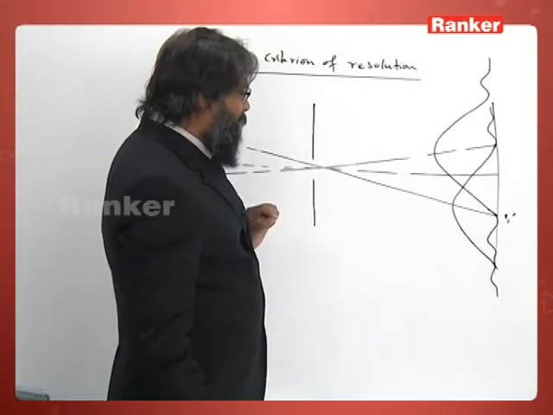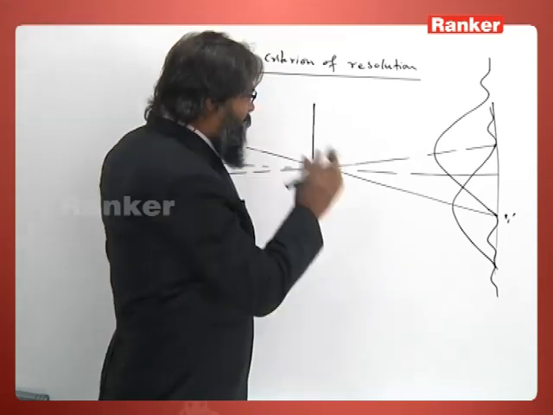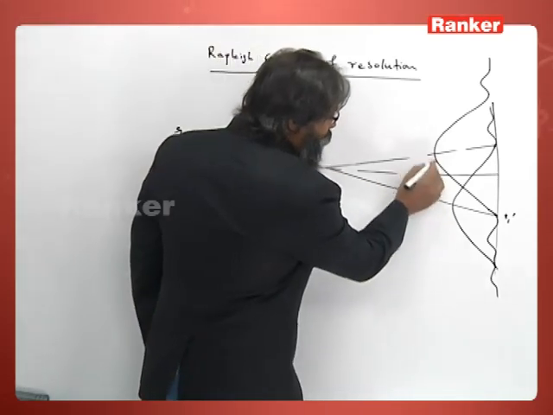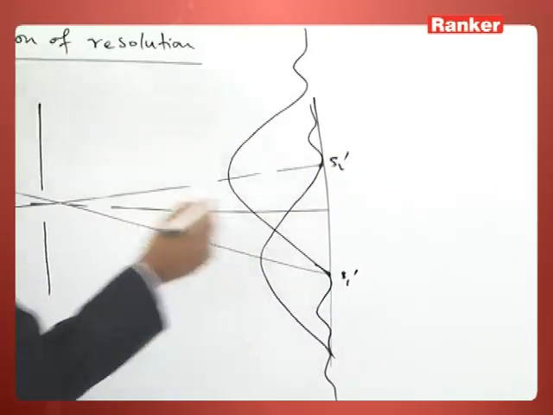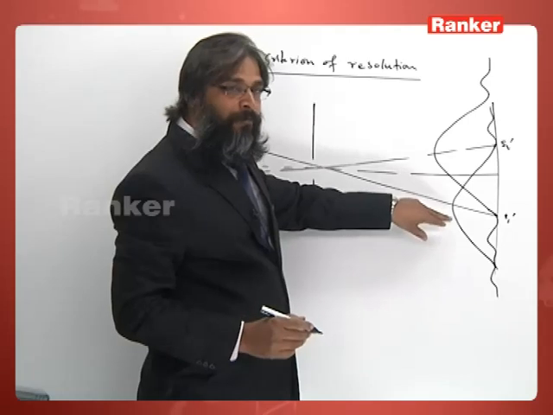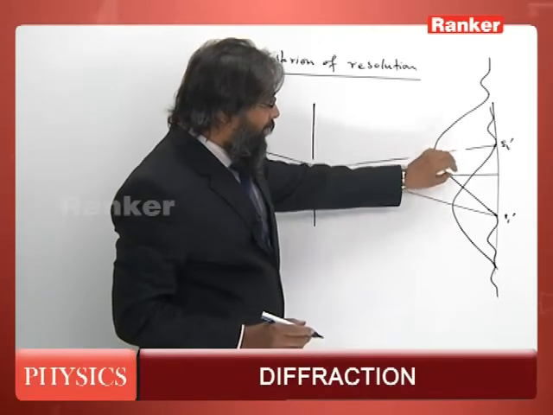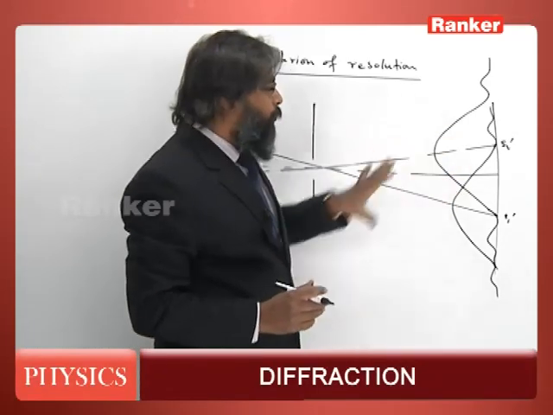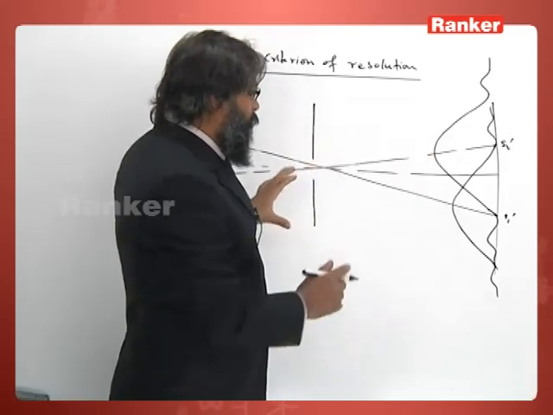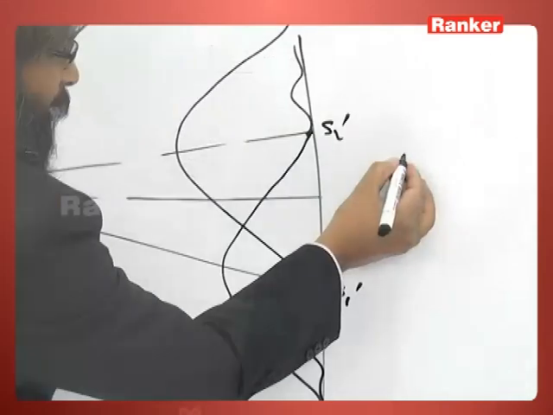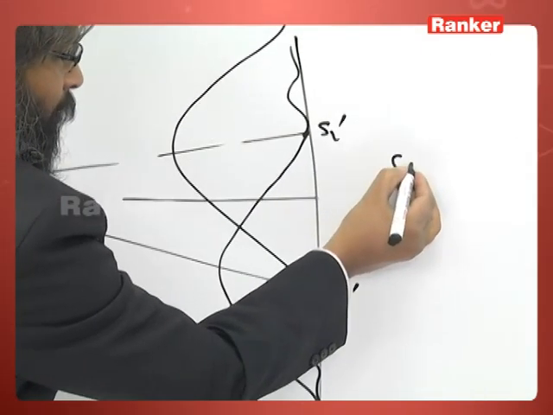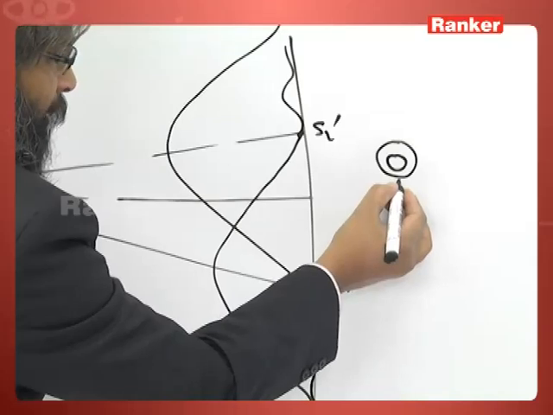So now what do we observe? We observe that when the first Airy pattern forms on the central maxima of the other, then we are able to just resolve the two objects. So we will get an impression that, you see, we can't actually draw with this marker.